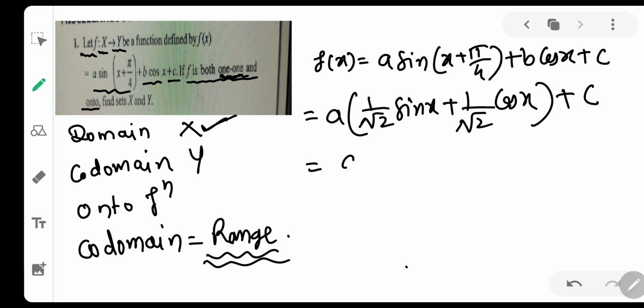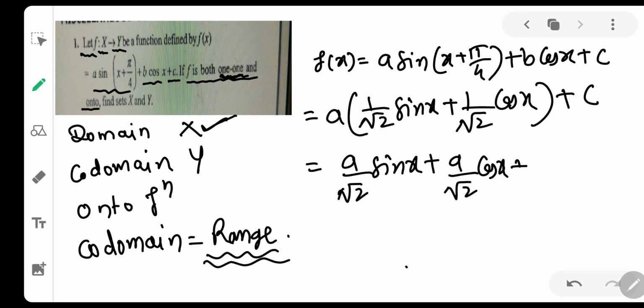Now let us multiply this. A by root 2 sin x plus a by root 2 cos x plus b cos x plus c. Okay, we forgot to write down b cos x over here. B cos x plus c.